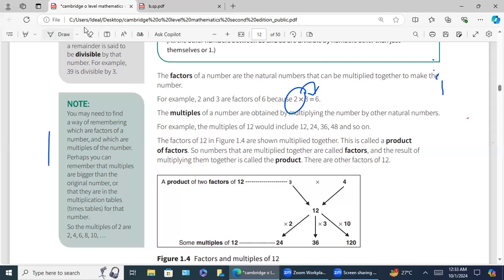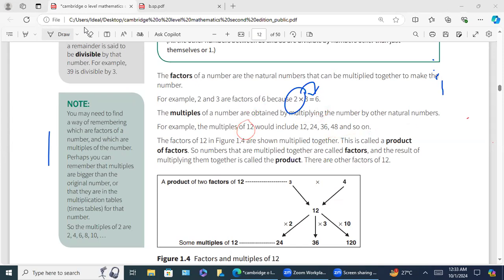How can we find the multiples? For example, we have 12 and we multiply 12 with 1, then we get 12. 12 with 2, we get 24, and 12 with 3, we get 36, and so on. These are all the multiples of 12.